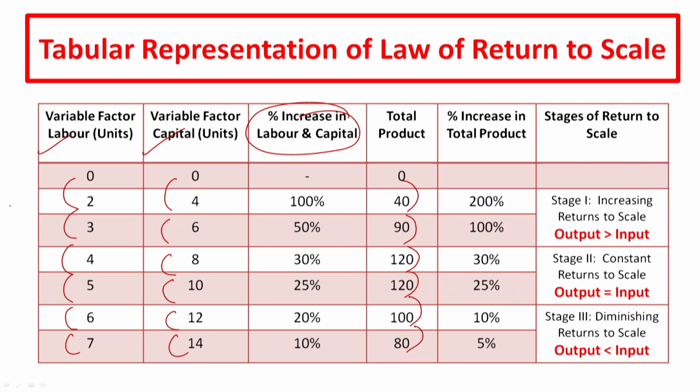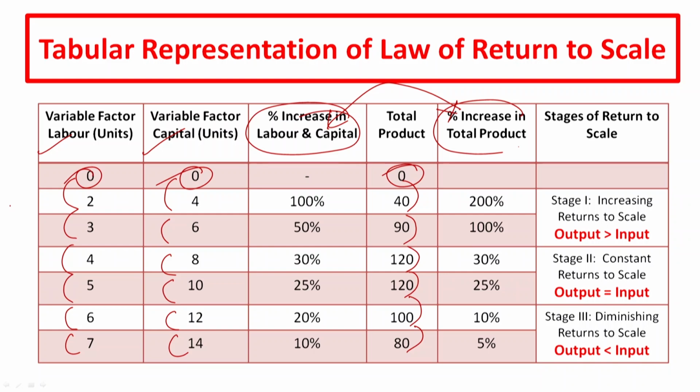So, you have to see the relationship between the input and the output. We are going to refer to this column. When there was zero level of input, that means there is no labor, no capital, nothing can be produced, because it is the factors which produce the goods and services. That is why when the labor is 0 and the capital is 0, your total output is also 0.